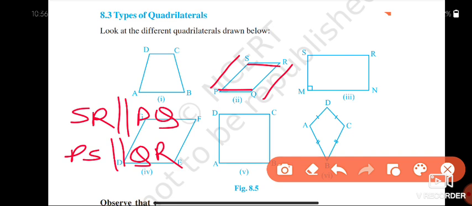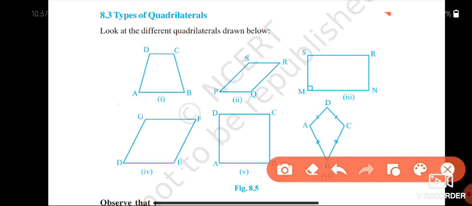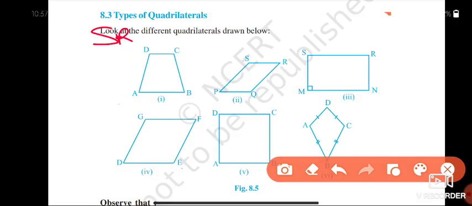Then the next figure is a rectangle. So what is a rectangle? A rectangle is also like a parallelogram, only a rectangle is a special case of a parallelogram. Remember this. Why is it a special case? Because it also has opposite sides parallel. Here in a rectangle, SR is parallel to MN and SM is parallel to RN.